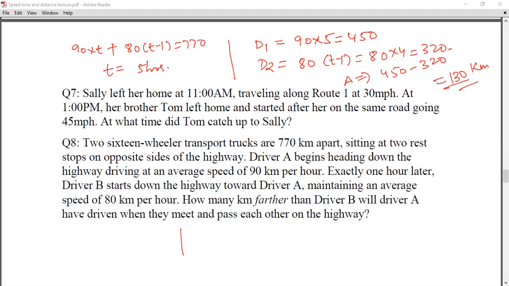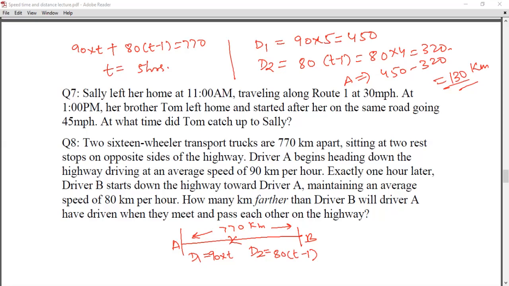So our situation was like this. Take 2 points, A starts from here, B starts from here. The total distance is given as 770 kilometers. Take the distance covered by driver A as 90 into t, and driver B as 80 into the time taken, which is 1 hour less, so t minus 1.